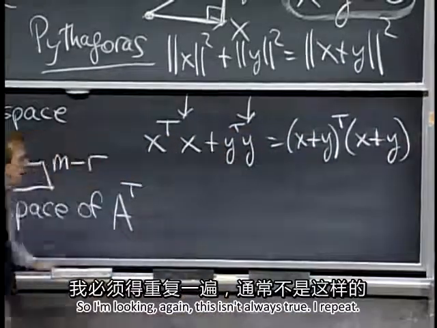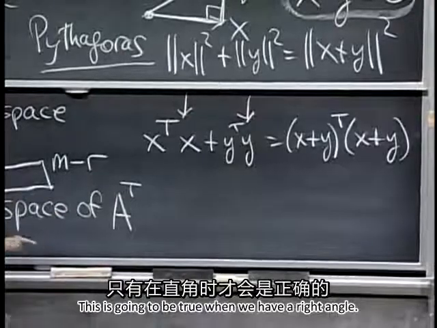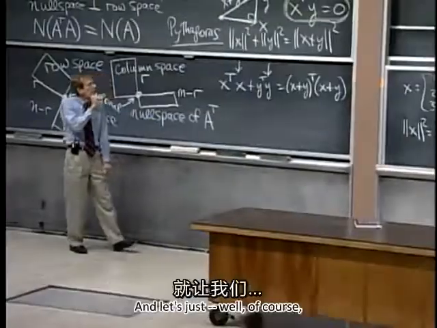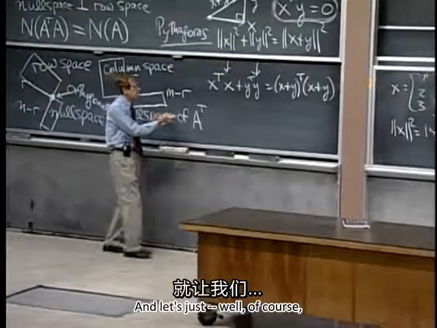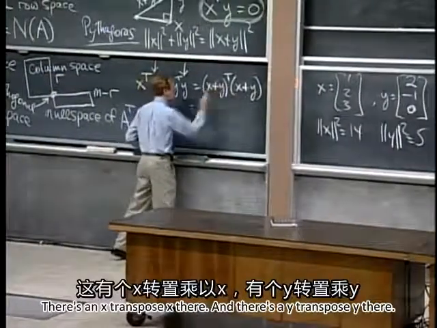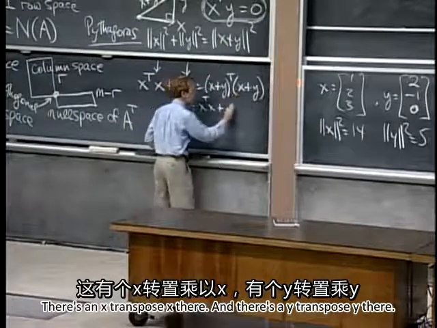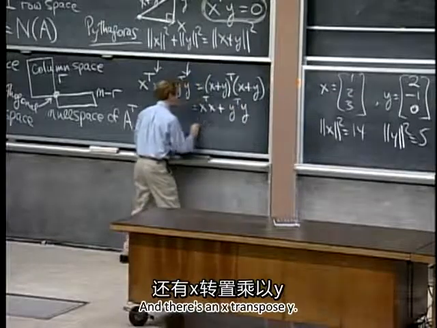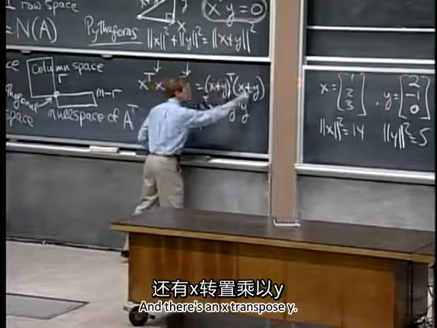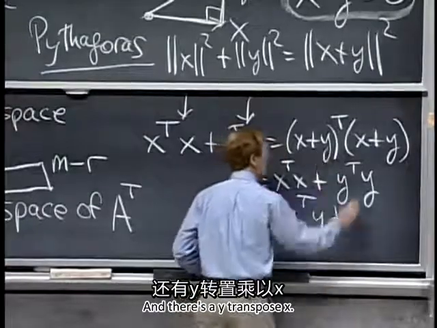So I'm looking, again, this isn't always true. I repeat, this is going to be true when we have a right angle. And of course, I'm just going to simplify this stuff here. There's an x transpose x there, and there's a y transpose y there. And there's an x transpose y, and there's a y transpose x.